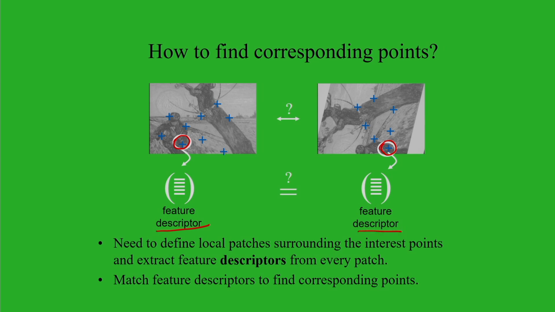So, first I have to extract feature descriptors from every patch of the image, and after this, based on these features, I can find the correspondence between these two images, that is nothing but feature matching.